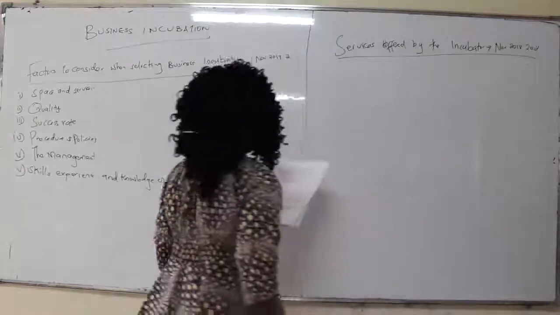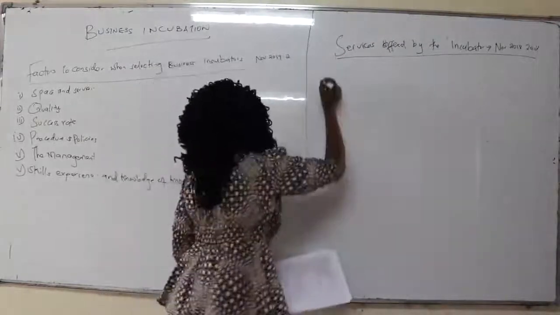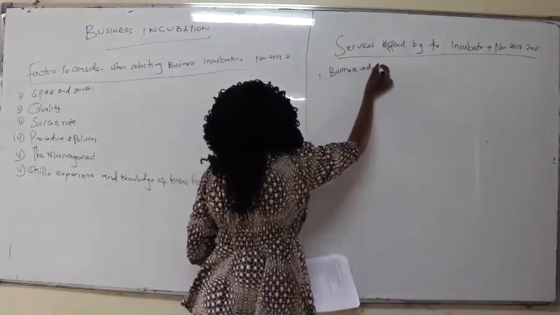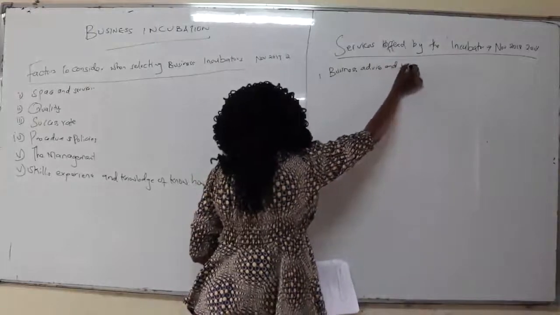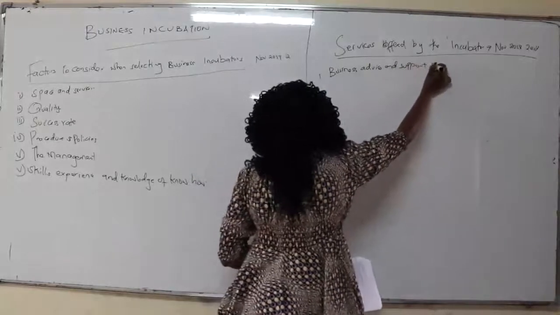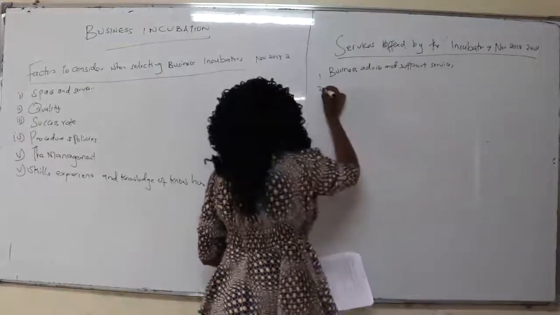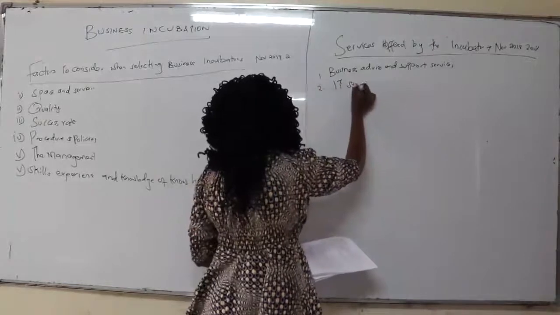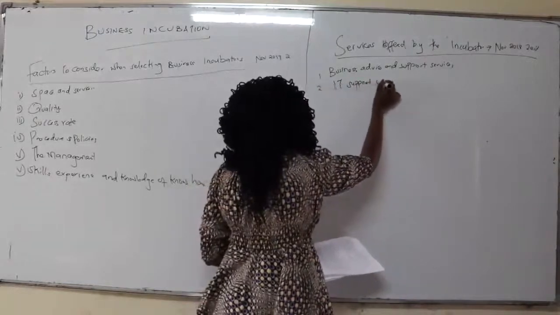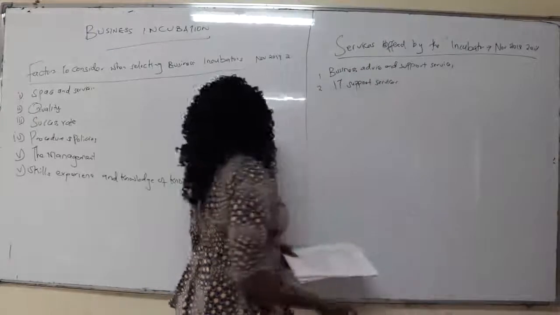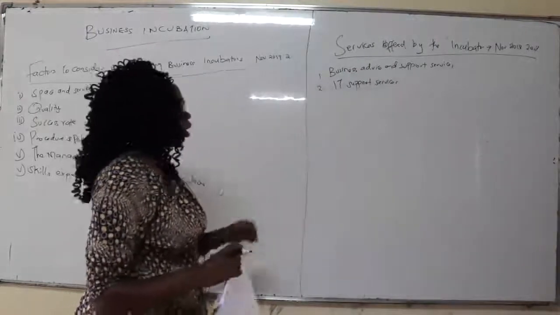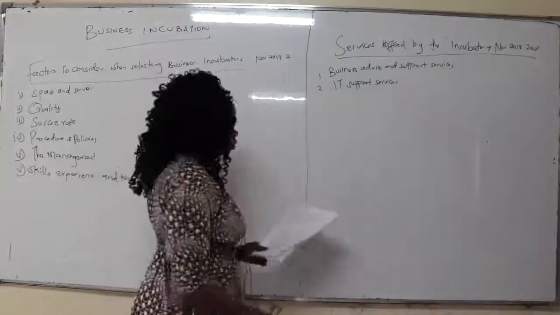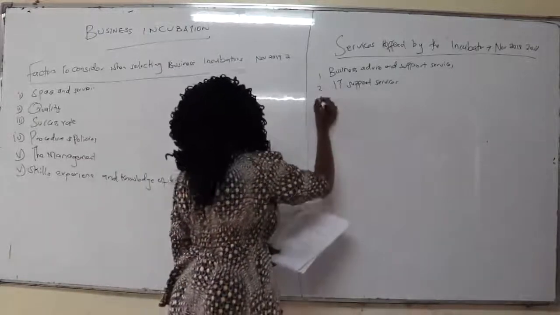The first service is business advice and support services. The second service which they offer is usually the IT support services. Talk of the IT support services, if you don't have a qualified IT guy in your business, you can outsource them from a firm which offers the IT services.